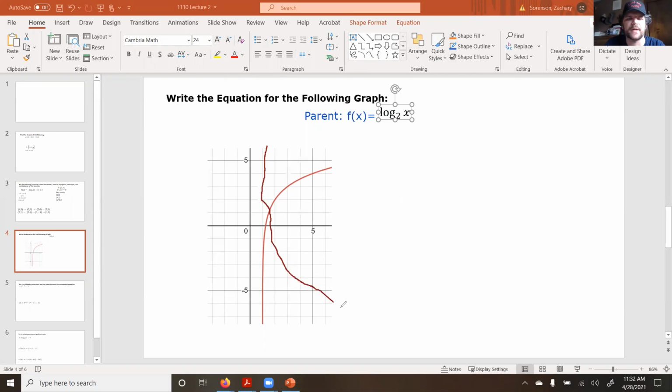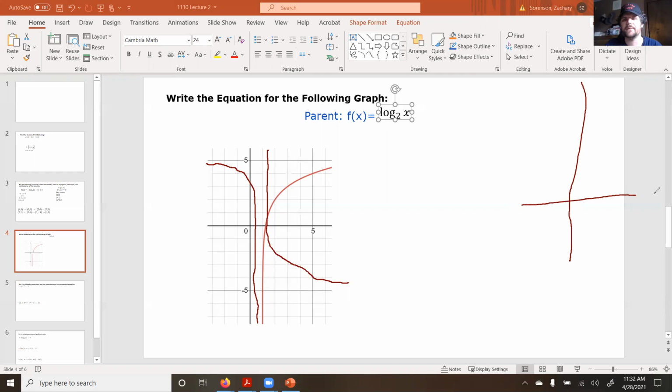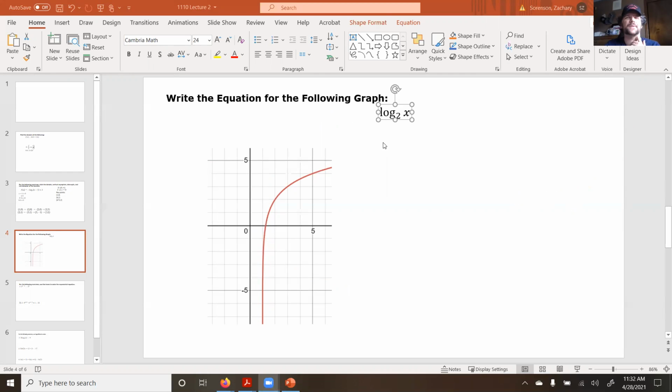If I have an exponential, I have that swoop like this. So it looks a lot like an exponential, just turned. That's how you identify it. As far as what the specific base is, that becomes a bit more of a battle. That's not worth discussing in this course, and honestly, not worth discussing in a whole lot of mathematics courses.